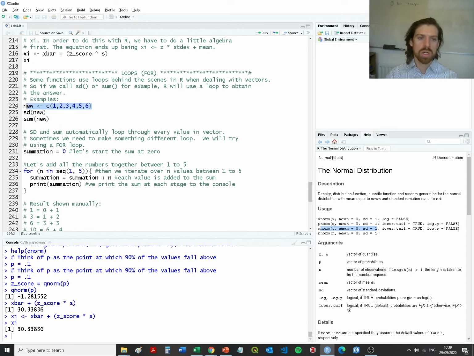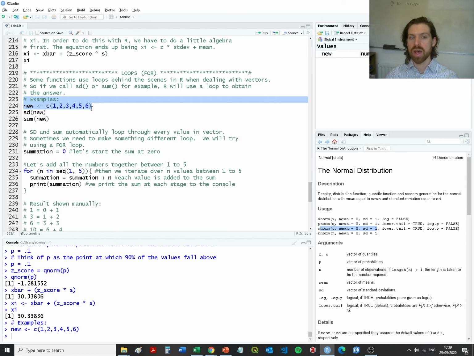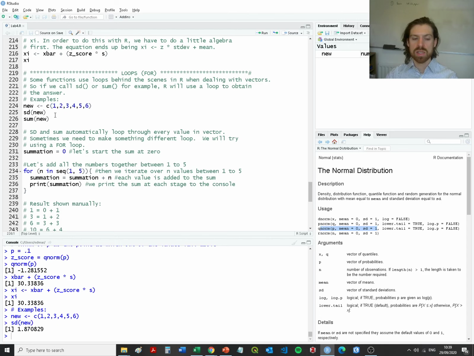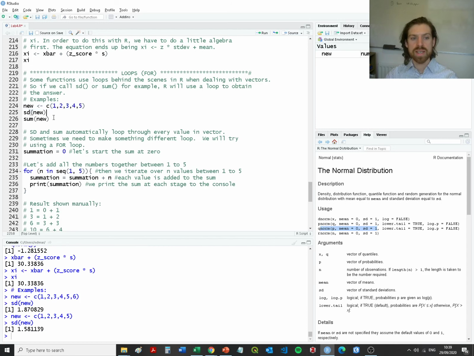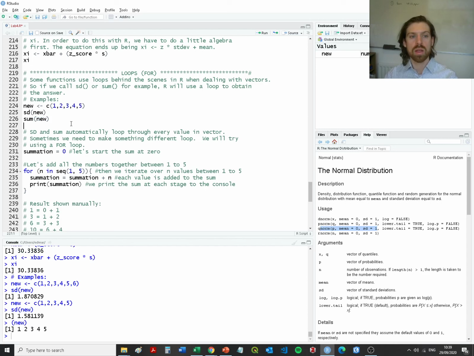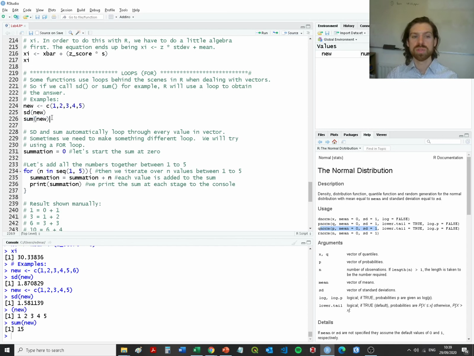So let's take an example where we have a vector of values, 1 to 5, and here we're now able to use these inbuilt functions. If we run the standard deviation, then we get 1.581139.